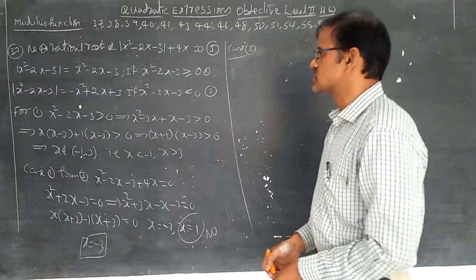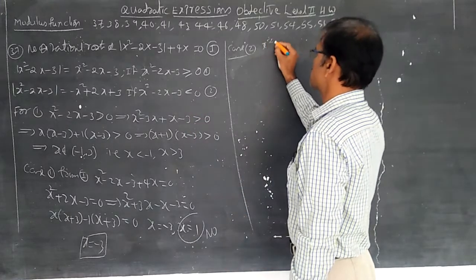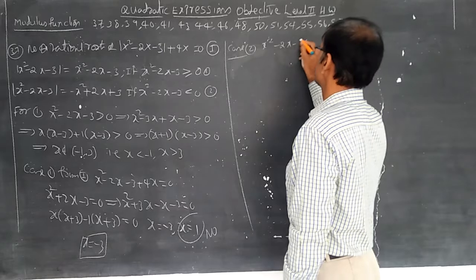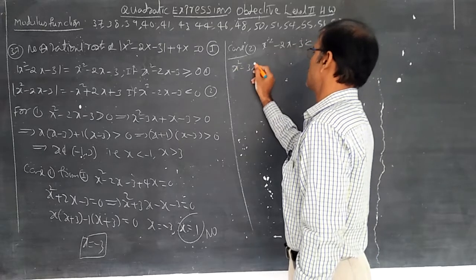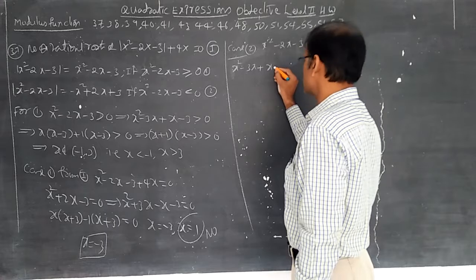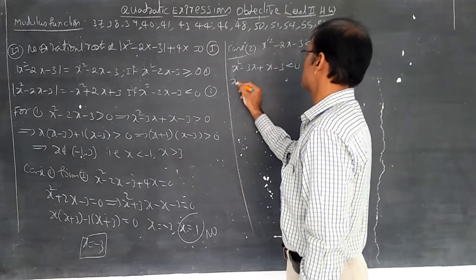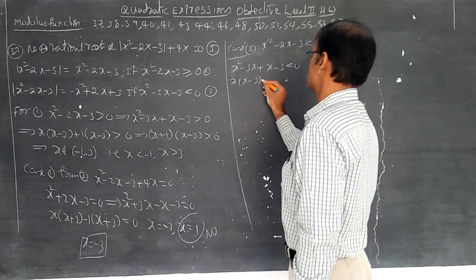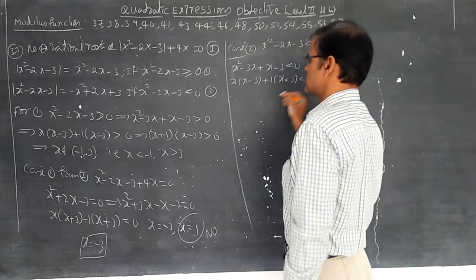Case 2, taking this from 2, I am writing: x square minus 2x minus 3 less than 0. So x square minus 3x plus x minus 3 less than 0. And x taken common, x minus 3 plus 1 into x minus 3 less than 0.